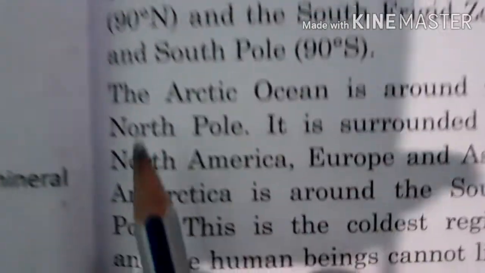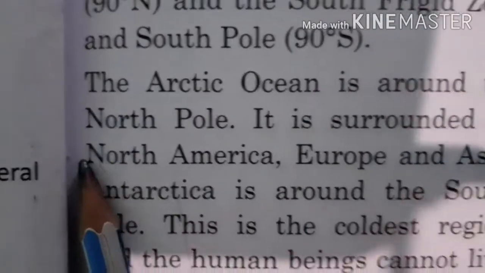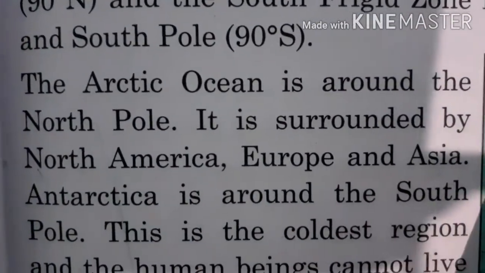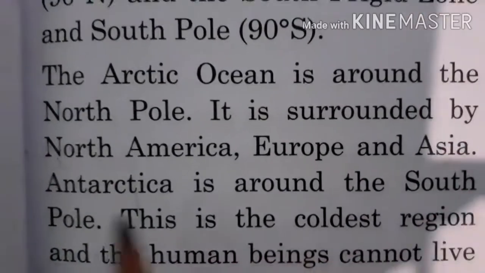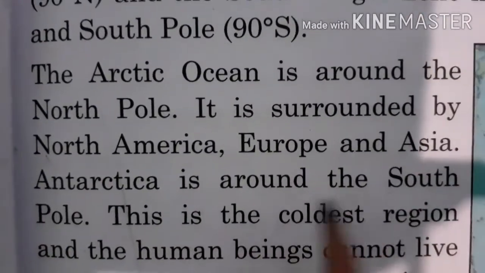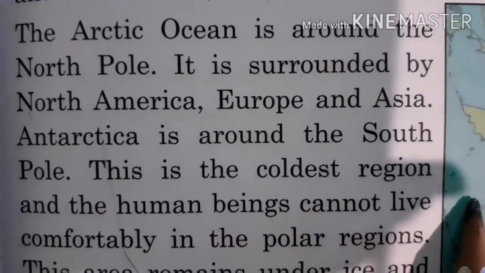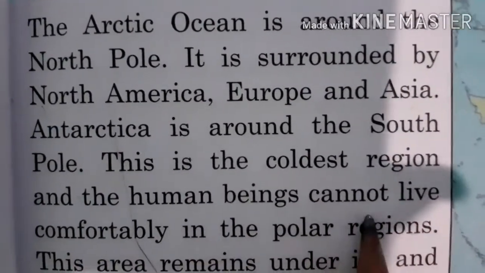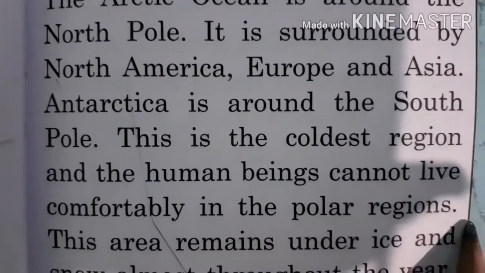Now, the Arctic Ocean is around the North Pole. It is surrounded by North America, Europe, and Asia. Antarctica is around the South Pole. This is the coldest region, and human beings cannot live comfortably in the polar regions.